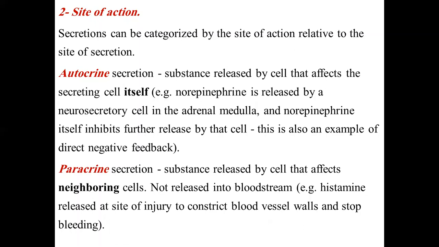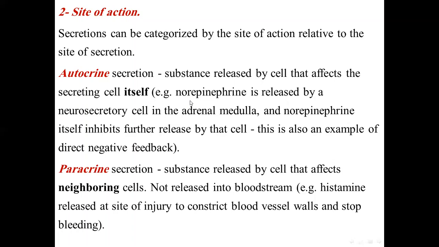In autocrine secretion, the hormones released by the cells affect the secreting cell itself, like catecholamines. Norepinephrine is released by the neurosecretory cells in the adrenal medulla, and norepinephrine itself inhibits further release by that cell, which is also an example of direct negative feedback. So it acts on the same cell that secretes the hormone.